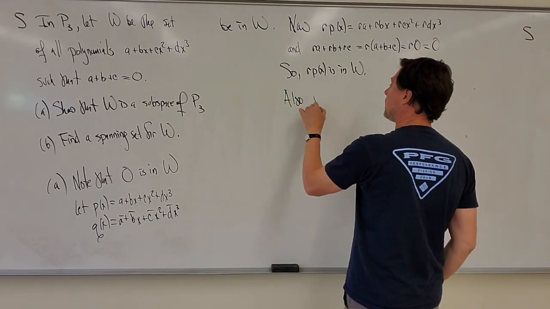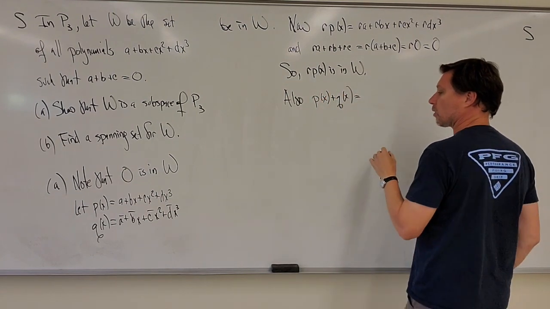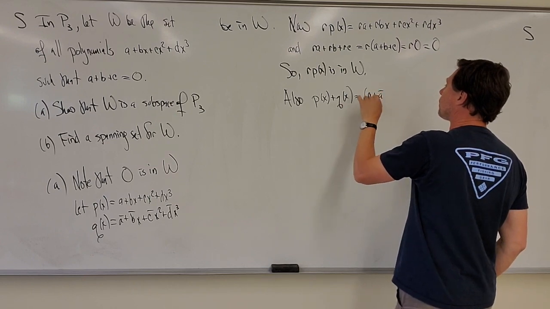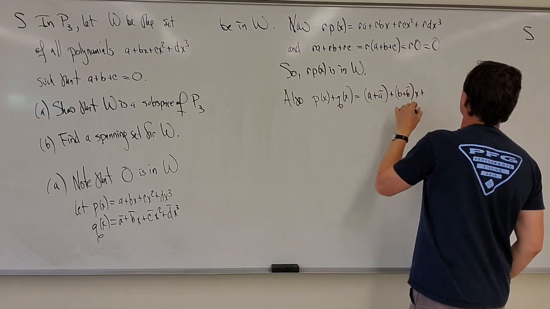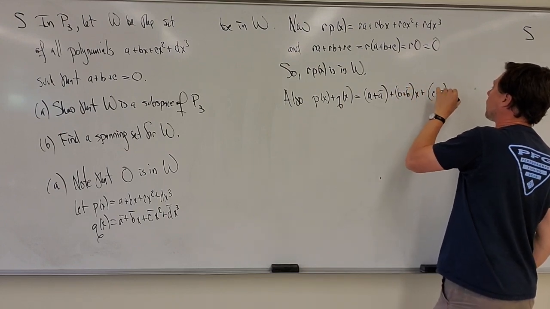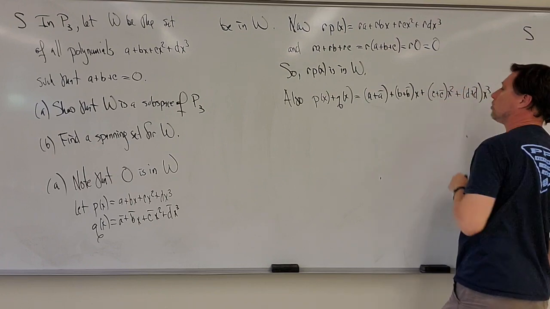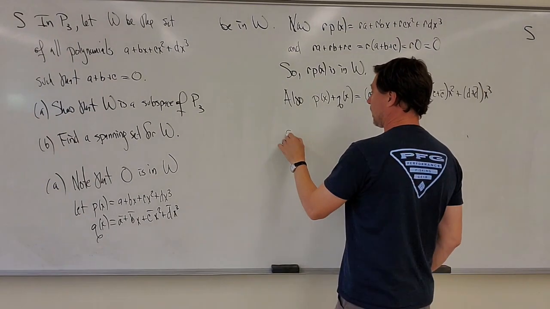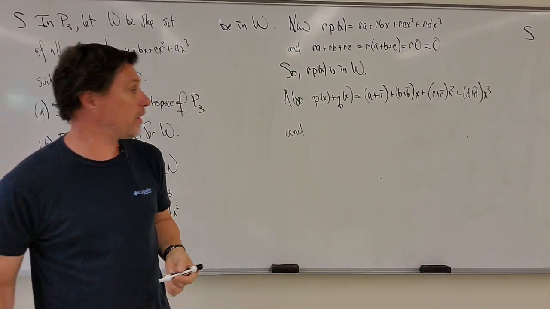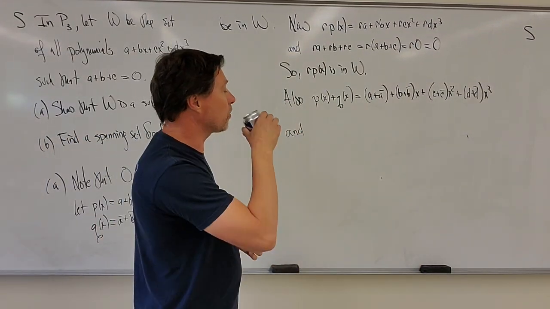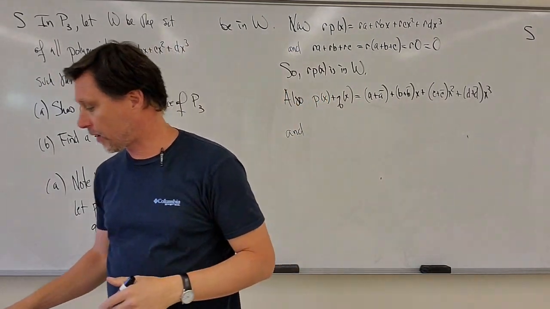So also, P of x plus Q of x: if I add those polynomials together, what I'll have is A plus A bar plus B bar x plus C bar x squared plus D bar x cubed. And now what I'd like to do is verify that this polynomial P of x plus Q of x lives in capital W. To do so, I need to add the first three coefficients together and verify that I get 0.